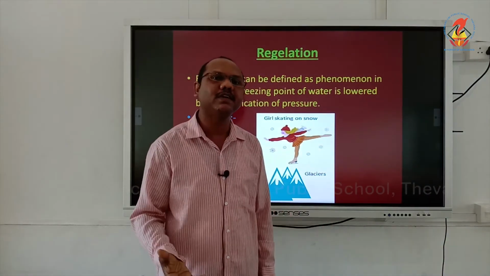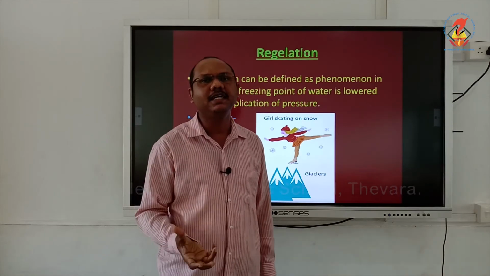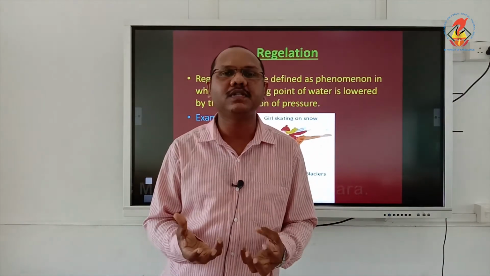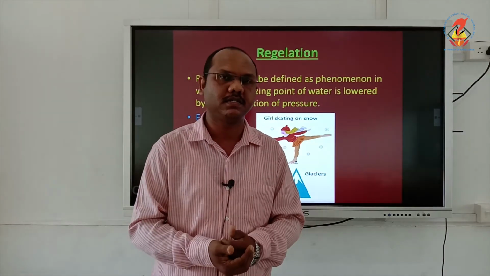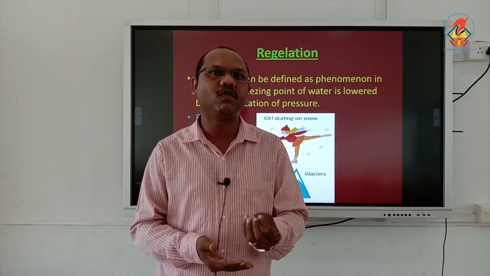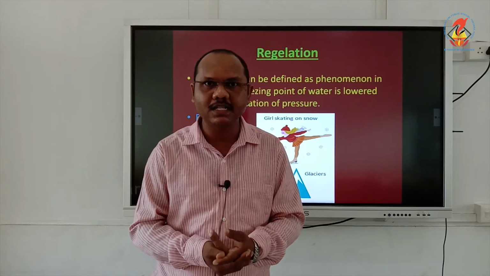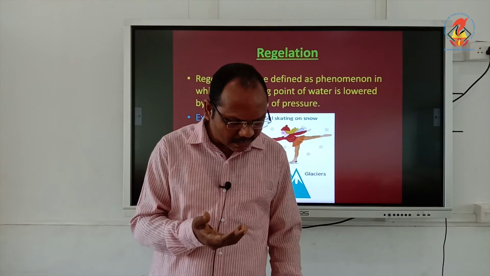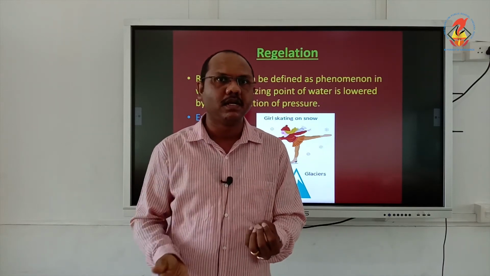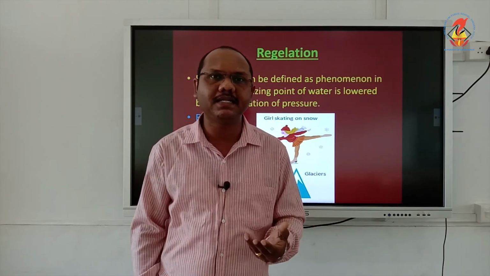Now, what is convection? Convection takes place due to the transfer of heat by the actual movement of molecules. Example, when water boils, water is an insulator. So when water boils, what happens? We supply heat from the bottom. The water at the bottom will get heated up.